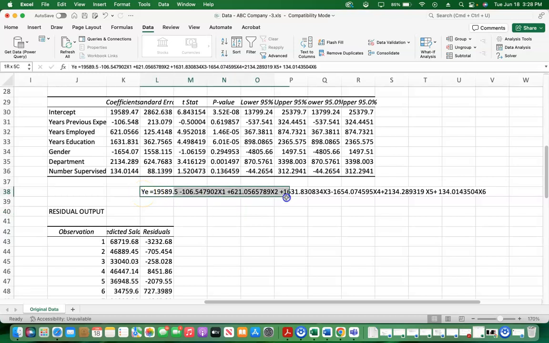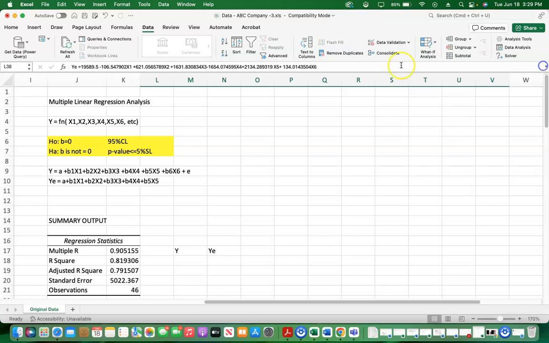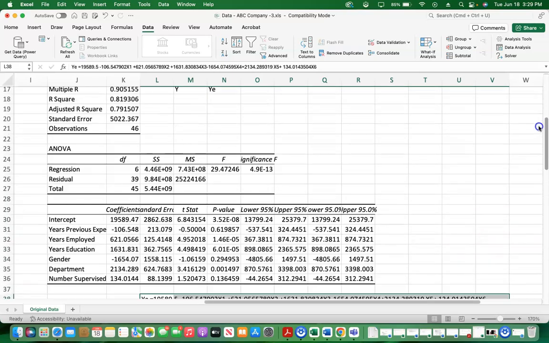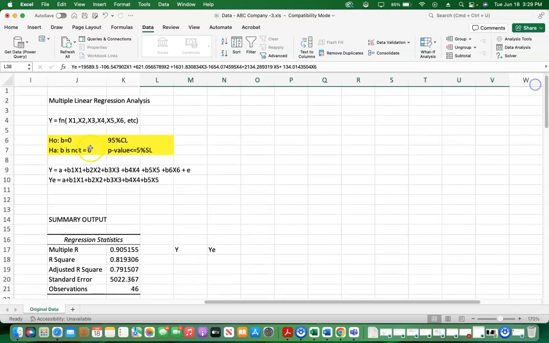So now, given all these values or the coefficients, we are going to find which coefficient is significant or not based on the hypothesis which we have created here. Now, remember, the slope should be significantly different from 0 if the probability value is less than or equal to the 5% significance level.